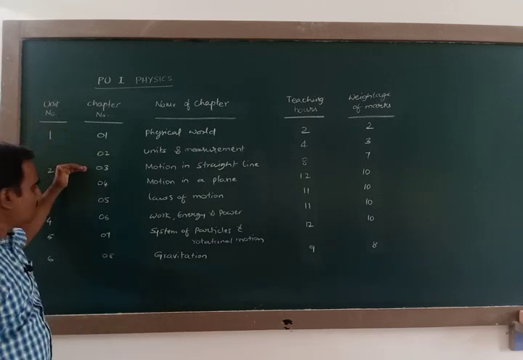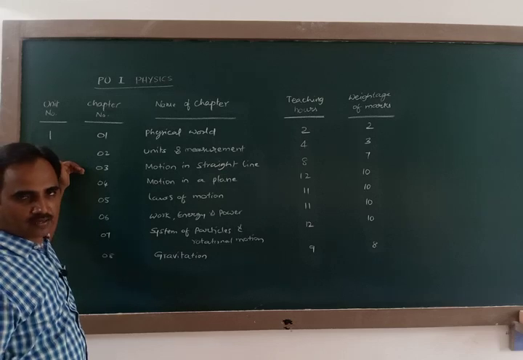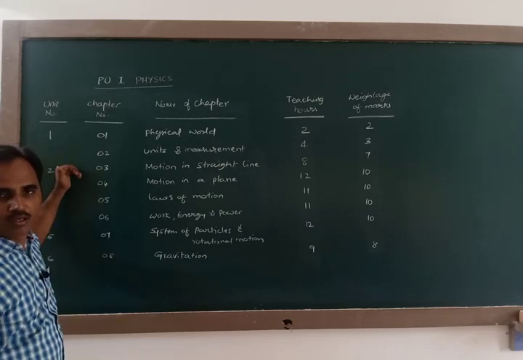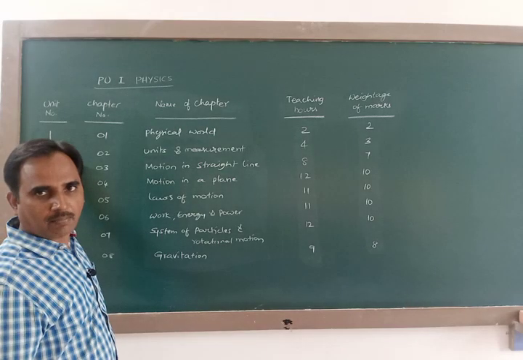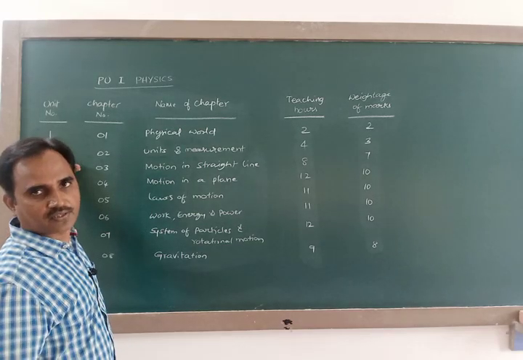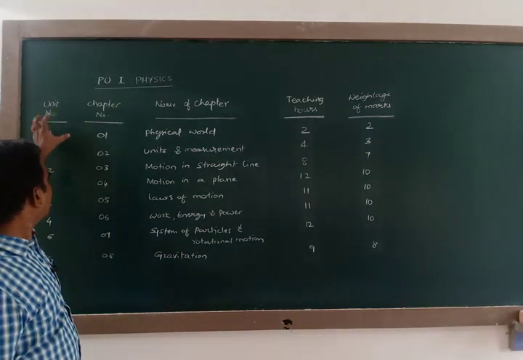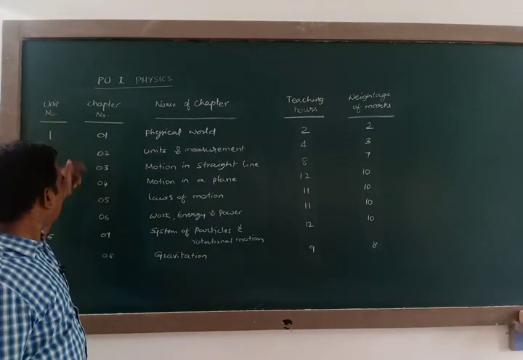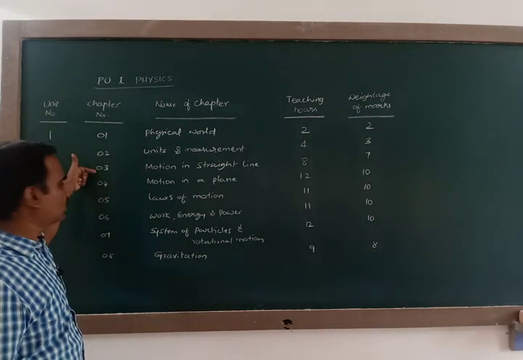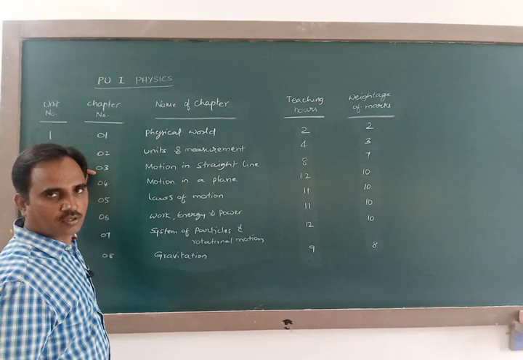The second unit is the mechanics part. In mechanics, you have kinematics and kinetics. The second unit is called kinematics. In this kinematics, you have 2 chapters, that is 3 and 4.